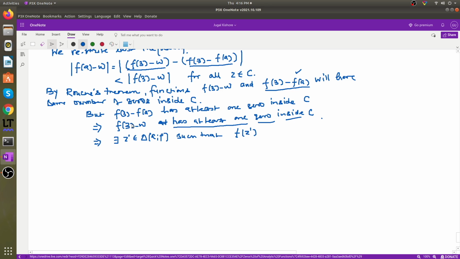It means f(z prime) minus w is equal to 0, so f(z prime) is equal to w.